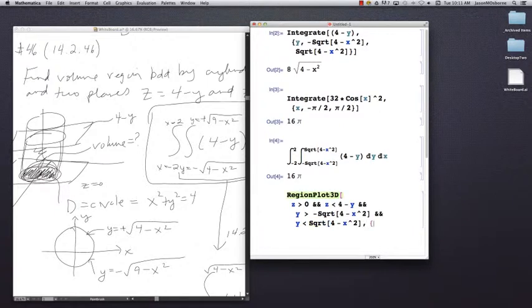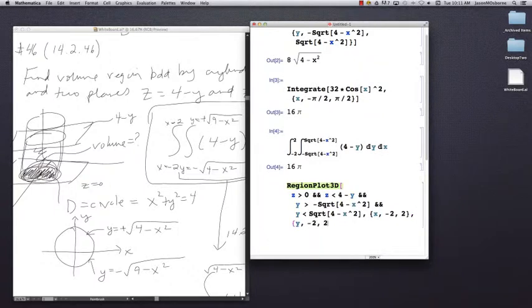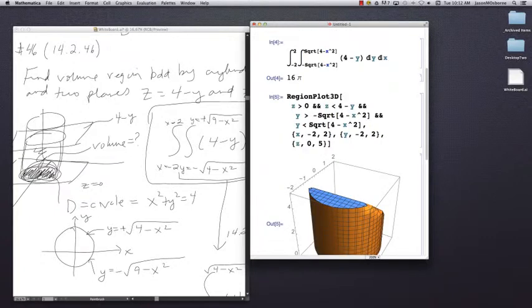And then let's give that a region to plot. Let's plot this, say, with x going from -2 to 2, y from -2 to 2. And then we want to plot it in the cube, -2 to 2, -2 to 2, and let's let z go from, say, 0 to, say, 5. And plot this region plot.